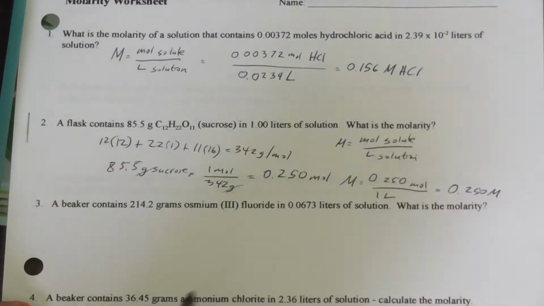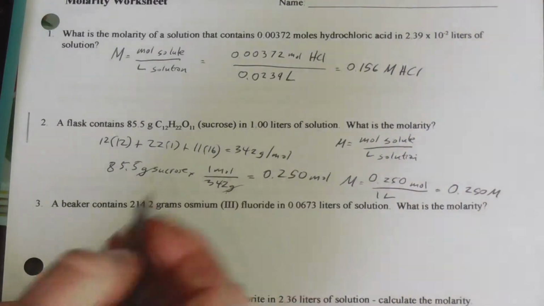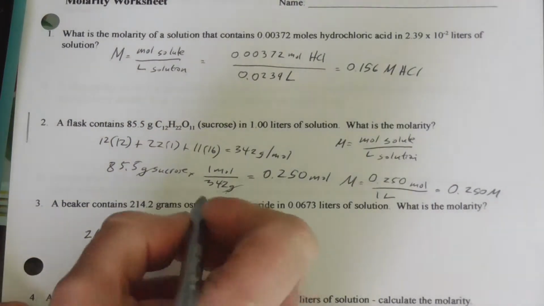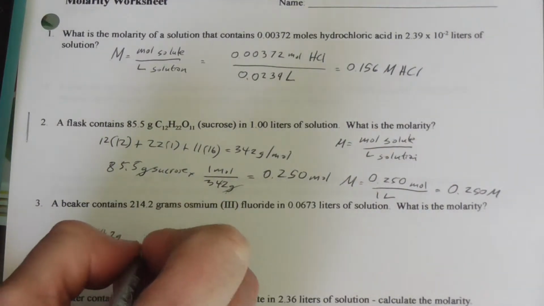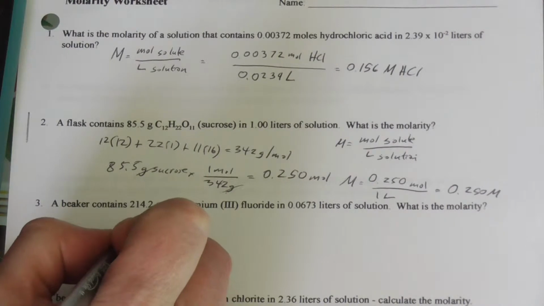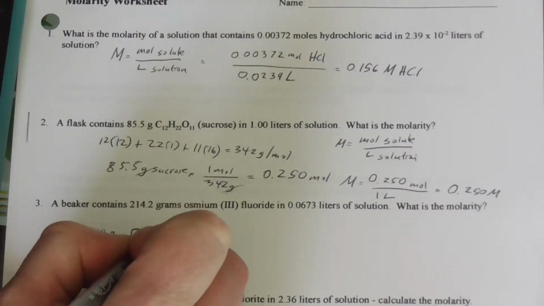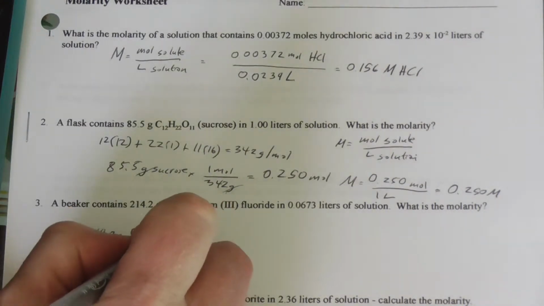Okay. Next one is a beaker contains 214.2 grams of osmium 3 fluoride in 0.0673 liters of solution. What is the molarity? So again, grams to moles. Osmium 3 fluoride. That means the charge on osmium is 3, which means I need 3 fluorides to balance that.